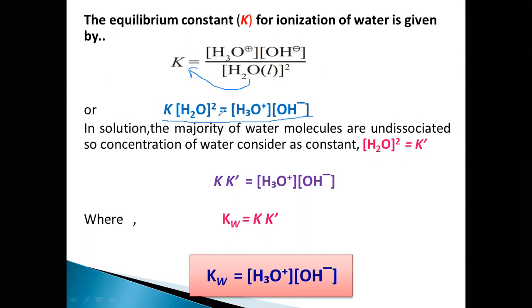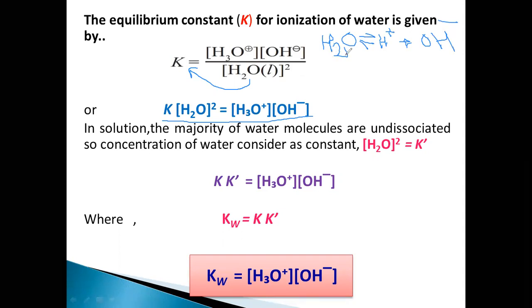As we know, the water molecule loses. What happened in this reaction? Water molecule forms H plus and OH minus ion, right? This is called the dissociation of water, or the ionization of water.